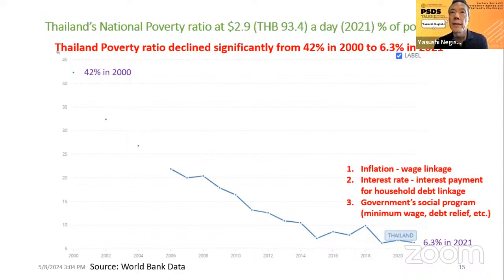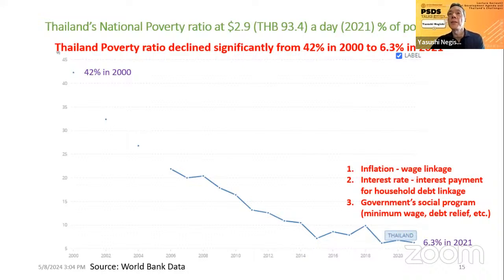And in order to manage or reduce poverty, the Thai government has been trying to use social programs such as adjusting the minimum wage and also providing debt relief for poor households.